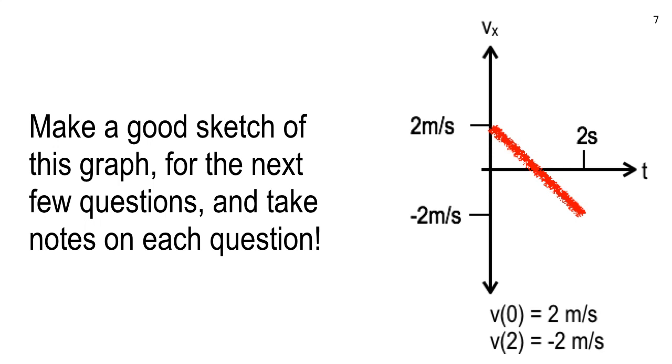V0 is positive 2, and V of 2 seconds is minus 2 meters per second, and it's a straight line. So you would have two different velocity triangles to do here, but you could do them. 1/2 AT squared, 1/2 base times height. Yeah, you could do it.